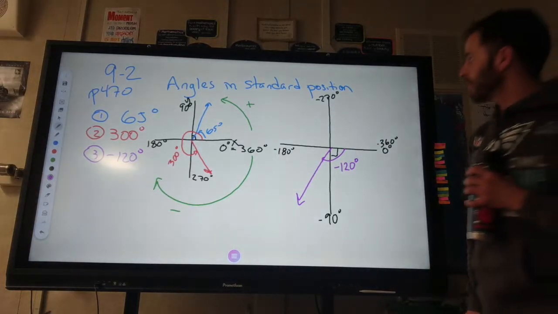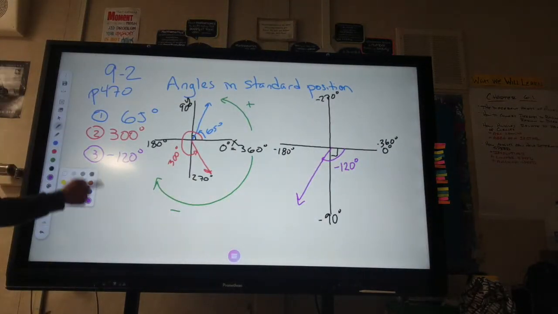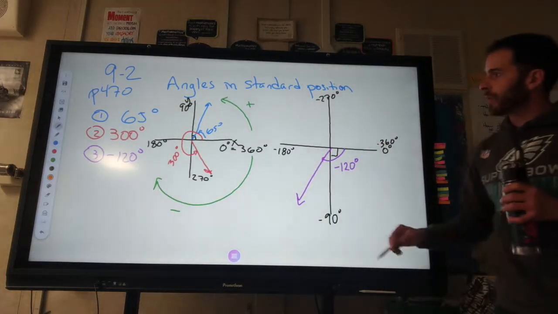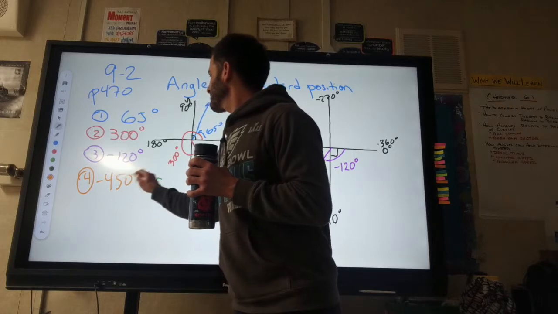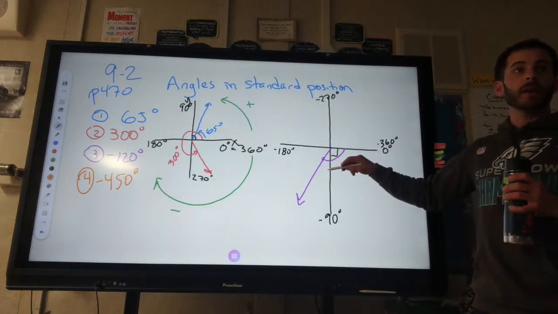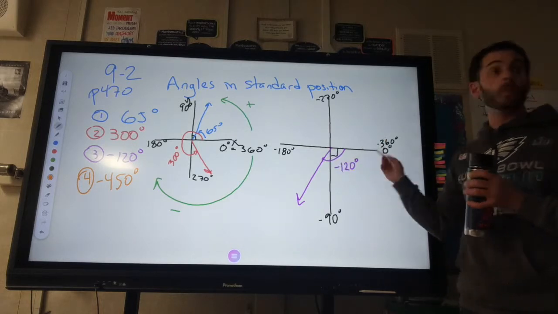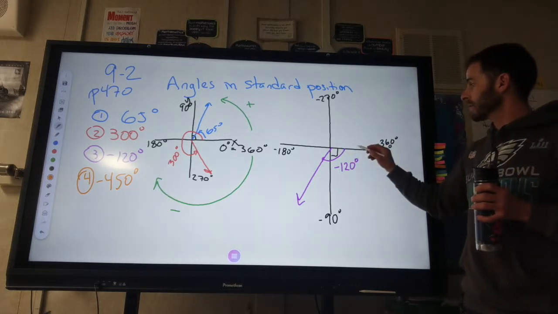All right, let's do negative 450. Ooh, this could be tricky. You might need your calculator. So, negative 450. We're going to start at 0. We're going to go down to negative 90, negative 180, negative 270, negative 360. We can keep going. So where would 450 be?